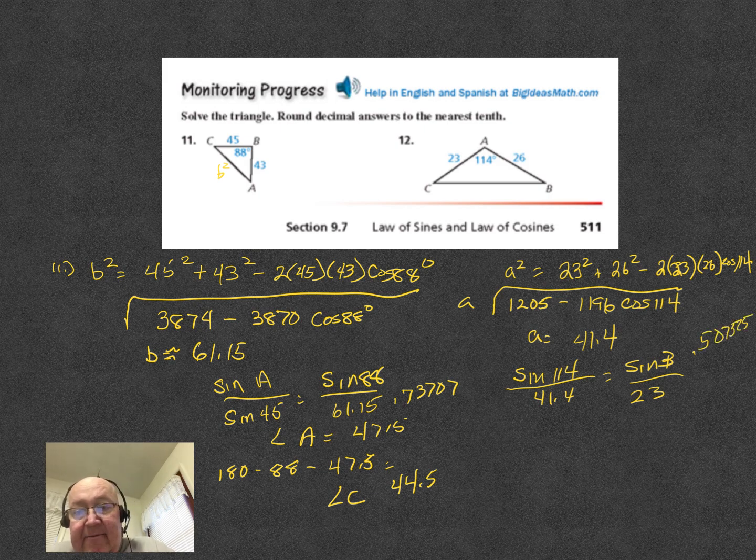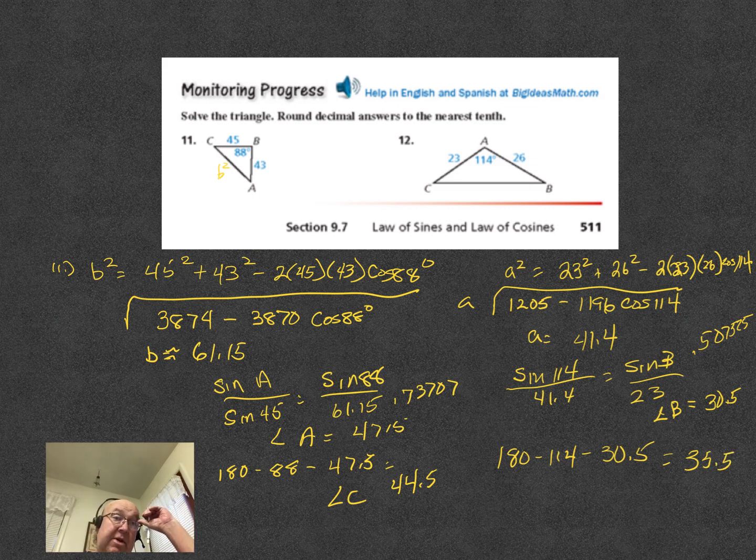Put that in inverse, and we're going to get the measure of angle B is equal to 30.5 degrees. Go ahead and subtract 180 minus 114 minus 30.5, and we're going to get 35.5 degrees.